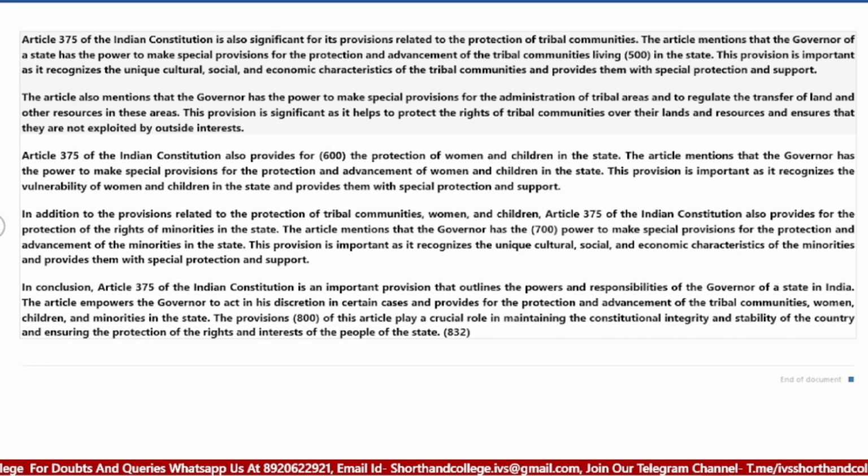The provisions of this article play a crucial role in maintaining the constitutional integrity and stability of the country and ensuring the protection of the rights and interests of the people of the state.